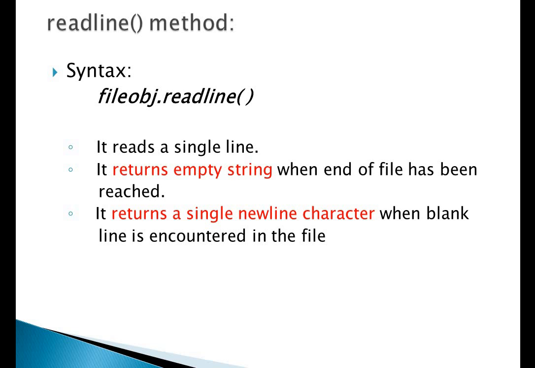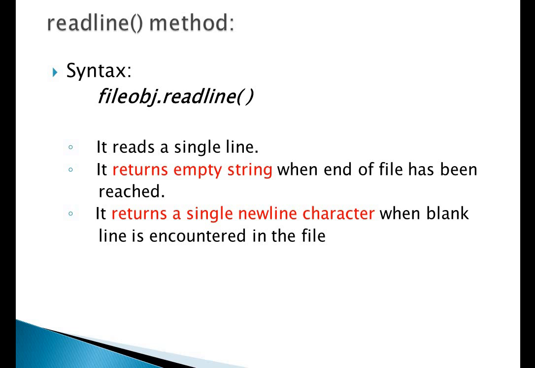And whenever a blank line is encountered in the file, it returns a newline character. So it reads a single line at a time. There are two cases. If a blank line is encountered, it returns a newline character, and if end of file is encountered, it returns an empty string.